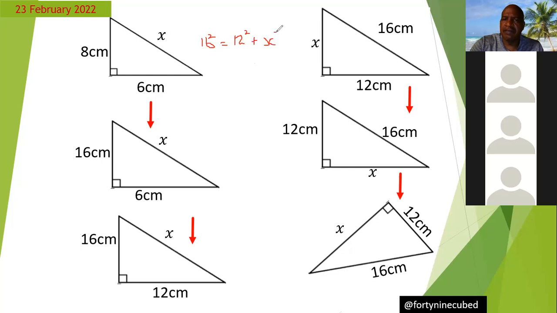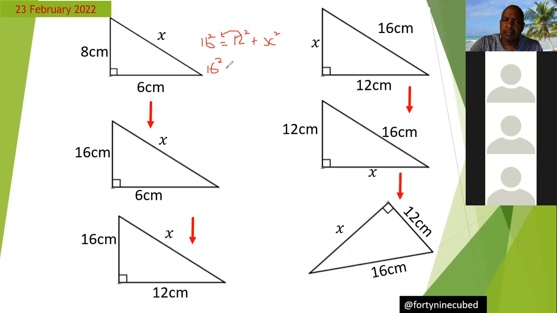All right, so once you have done that, what we're really solving for is x. In order to solve for x, we need to move that 12 squared to the other side. So if we move 12 squared to the left-hand side of the equation, what's going to happen?